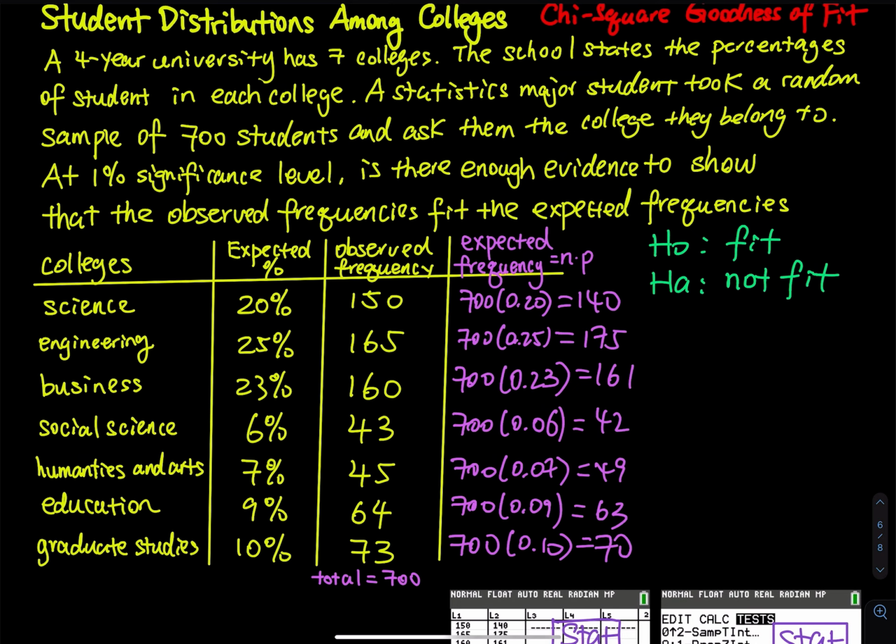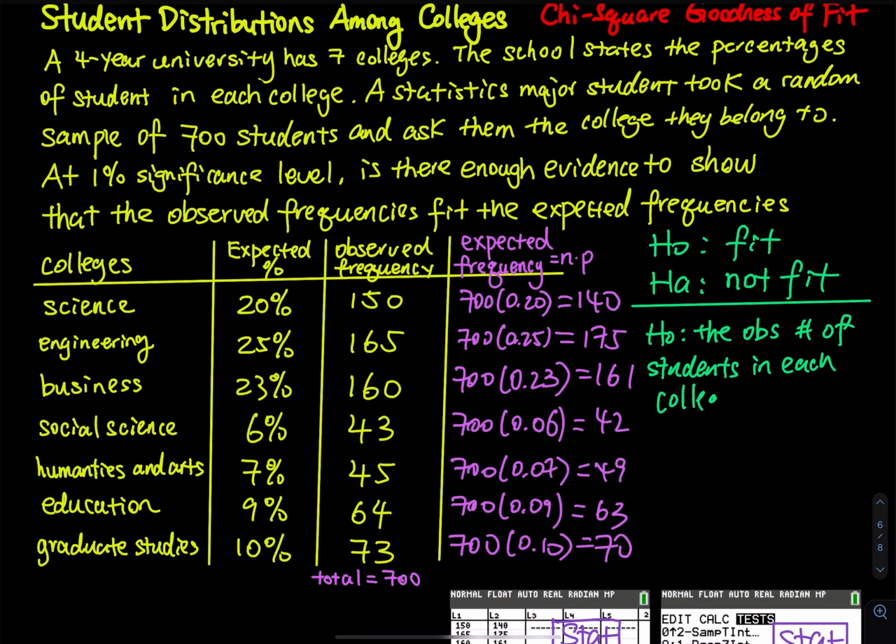And then to elaborate a little bit more, for the null hypothesis, you should say this: the observed number of students in each college. Let's write this down. So the H0 is the observed (OBS) number of students in each college fit the expected (EXP) number of students in each college.